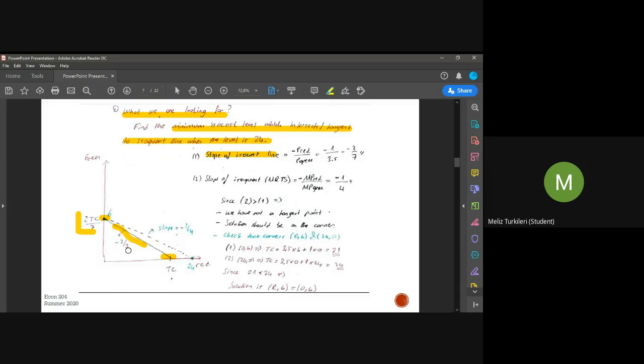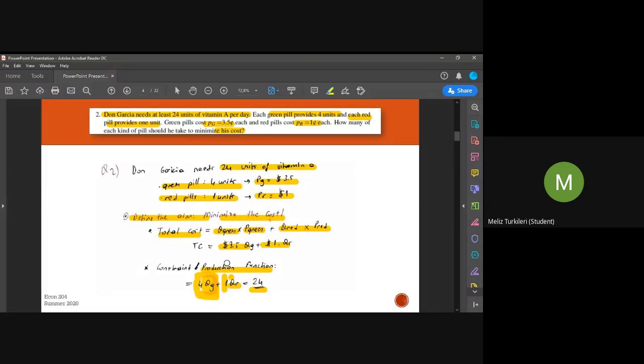So let's go on. As a second step, we need to find the slope of the isoquant, which is equal to the marginal rate of technical substitution. And I know that it is equal to marginal product of red divided by marginal product of green. How can I find it? Think about the production function.